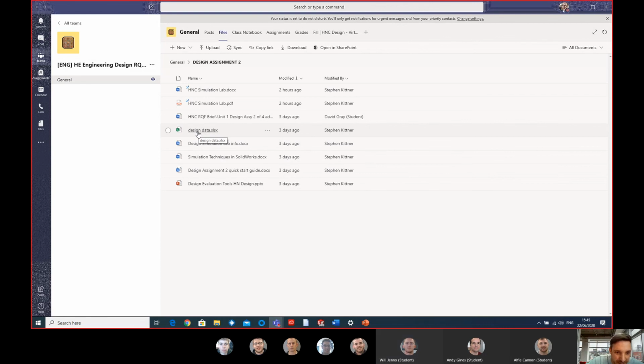There's this design data goes in with this PowerPoint for the evaluation stuff. I just thought I'd chuck my data up that I used, just so you can have a look at that. Quick start guide, the simulation techniques that I just showed you, all the different types of simulation, and then a bit of info about the lab that we just did. So it looks like a lot of stuff on there, but it's probably not that much, to be honest with you. But yeah, everything's there that you'll need.